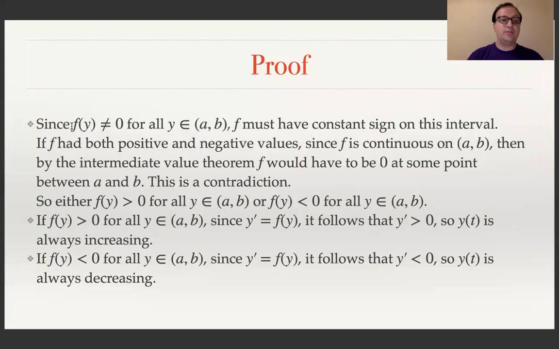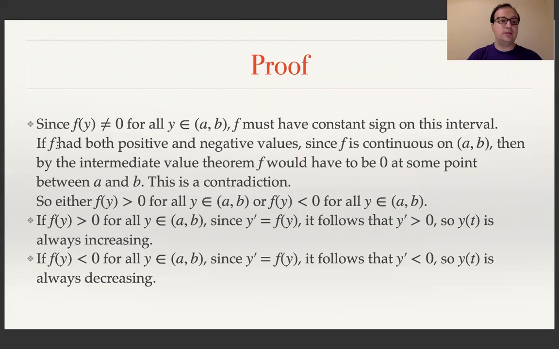Finally, as I have mentioned before, since A and B are successive equilibrium points and f is non-vanishing, f is not zero on the interval AB, this means that f must have constant sign on the interval AB.